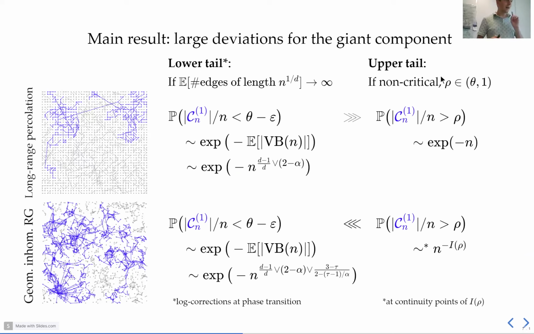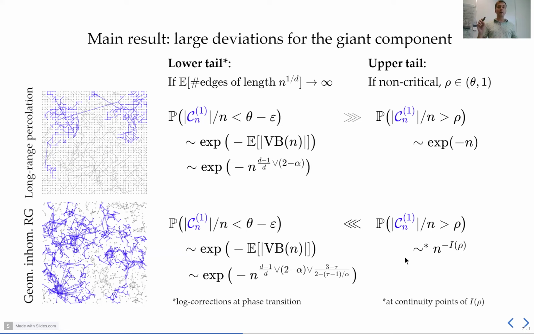So I think I will stop a bit earlier than expected, but I have many slides after this if you want to ask questions about specific things. So this gives a very good picture, I think, of what's happening with large deviations of the giant component in our graphs. We saw the stretched exponential decay determined by the vertex boundary for long-range percolation, geometric inhomogeneous random graphs, and Bernoulli bond percolation on Z^d.